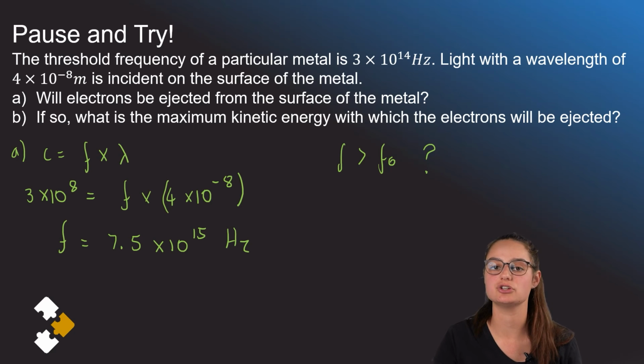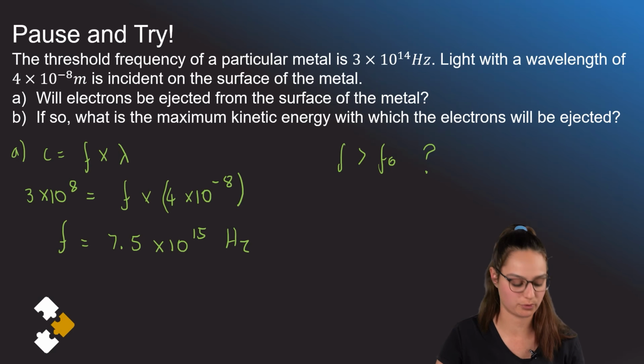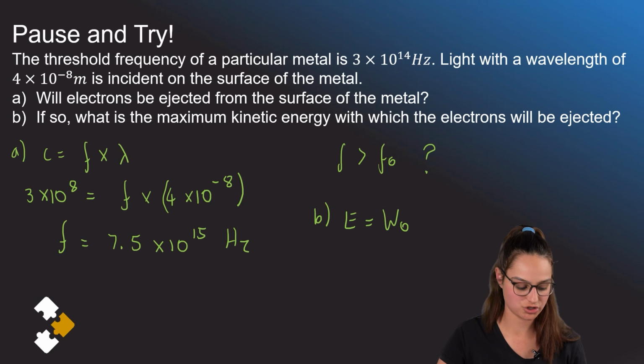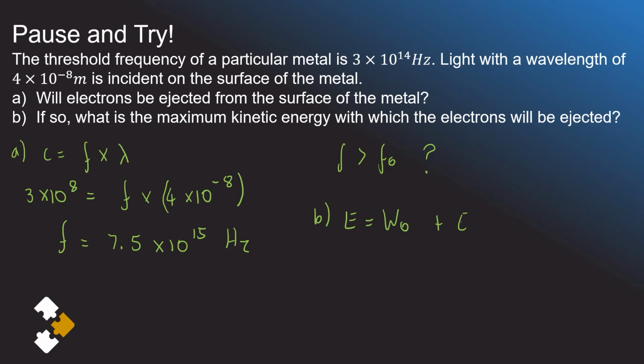Well, we're going to have to use that equation that we just learned about on the previous slides, which is E is equal to the work function plus the kinetic energy. So we know that E is equal to hf.